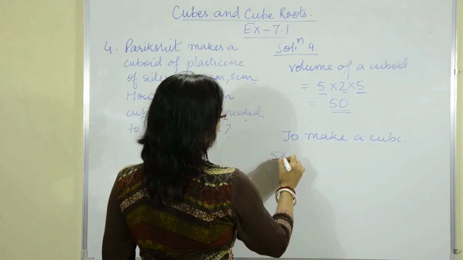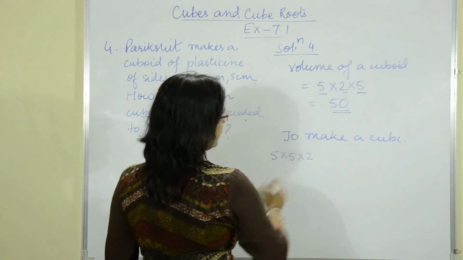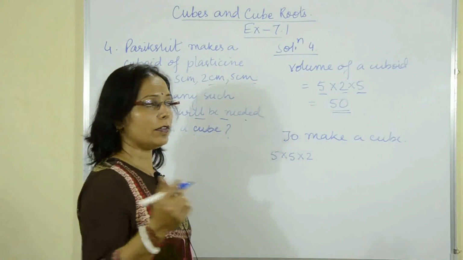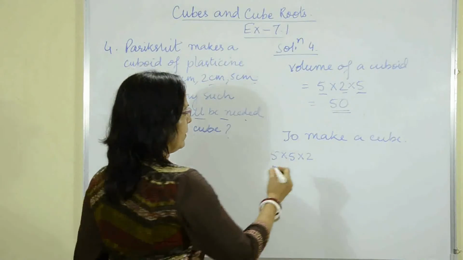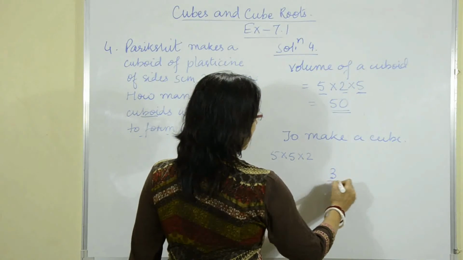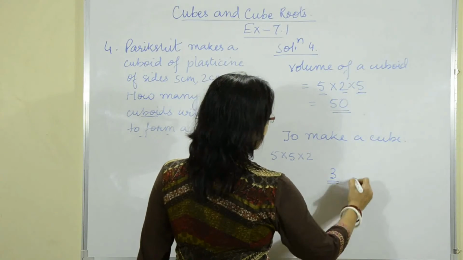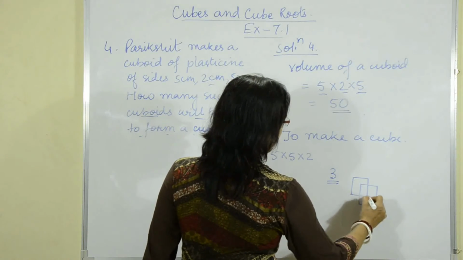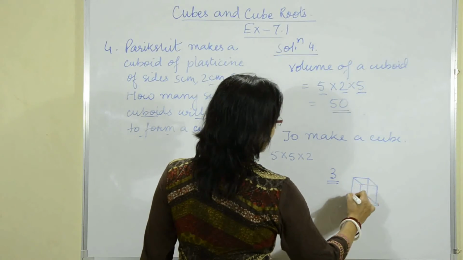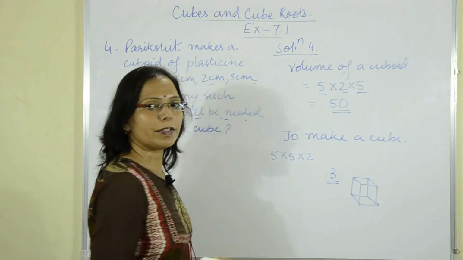There are 2 5s and 1 2. As I told you, this cube, and the one that I showed you at the beginning, both are the same, it is just the geometrical interpretation.